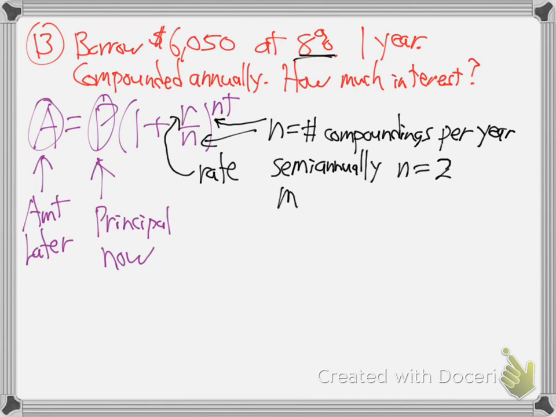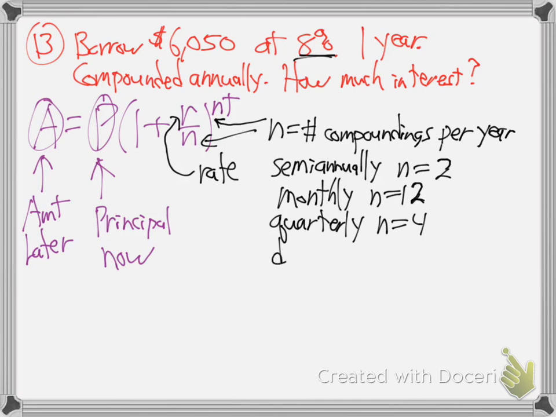If they say monthly, that would be 12 times a year. If they say quarterly, every quarter, that would be 4 times a year. If they say daily, that's N equals 365 times a year. And the last piece of the puzzle, T equals the number of years in that formula.